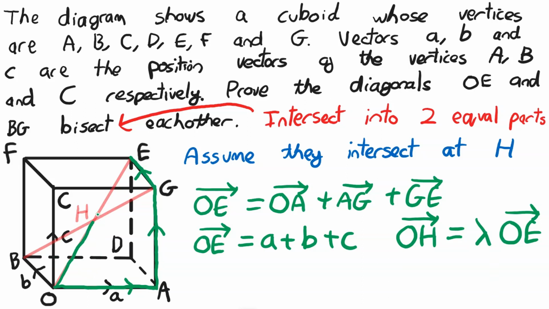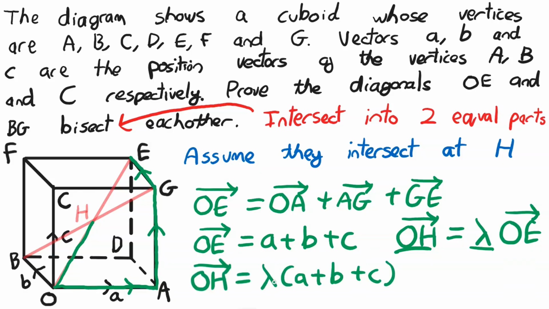The other section of the line is this HE part here, but we're going to say that OH is equal to a scalar of OE, where this is going to be less than 1 because it's a fraction of the OE line. So therefore, if we consider this in the context of OE equal to A plus B plus C, we get that OH is equal to this scalar lambda multiplied by A plus B plus C.